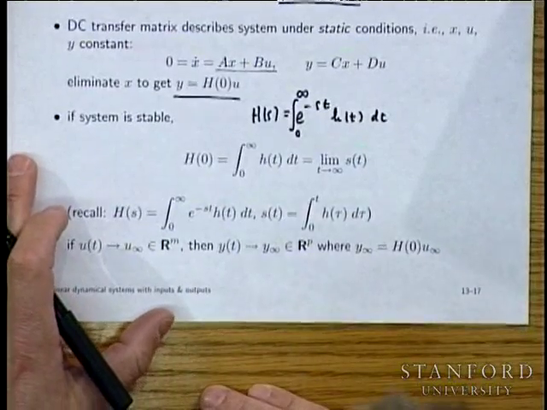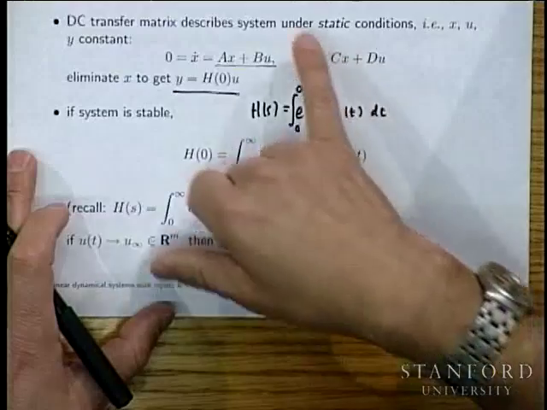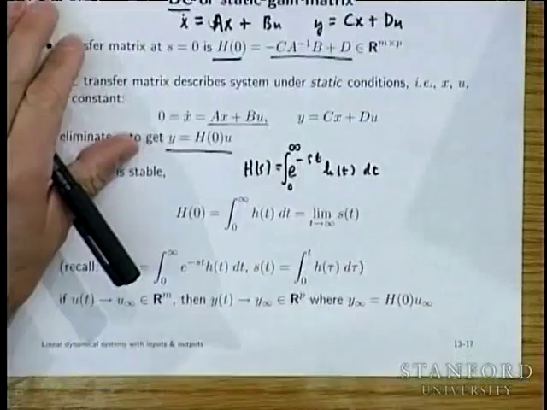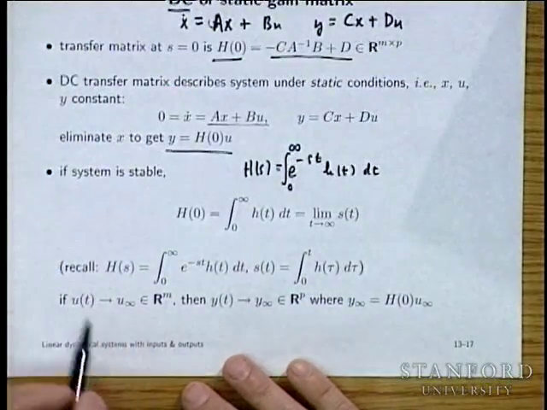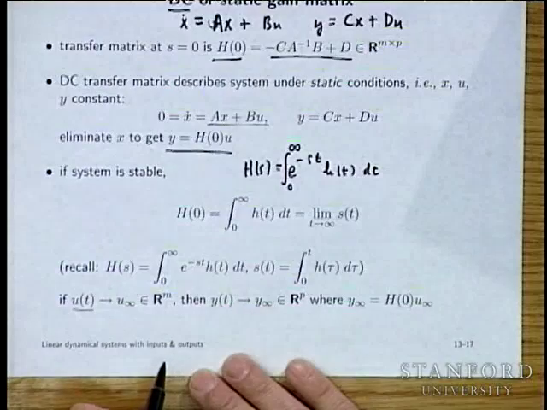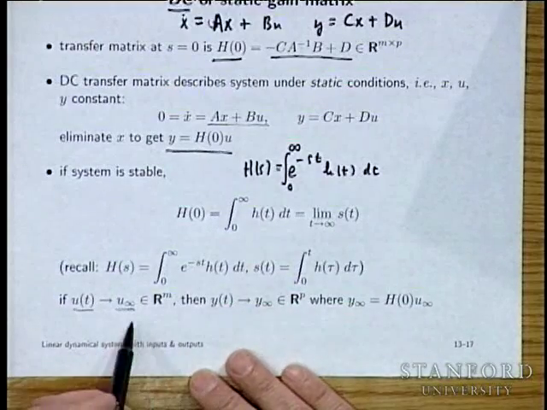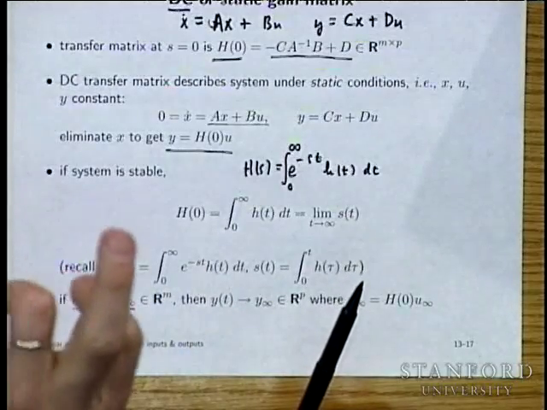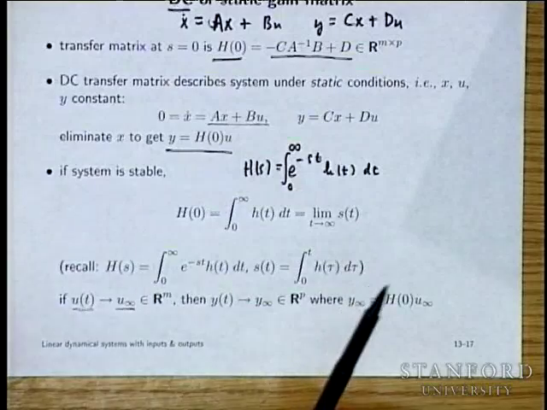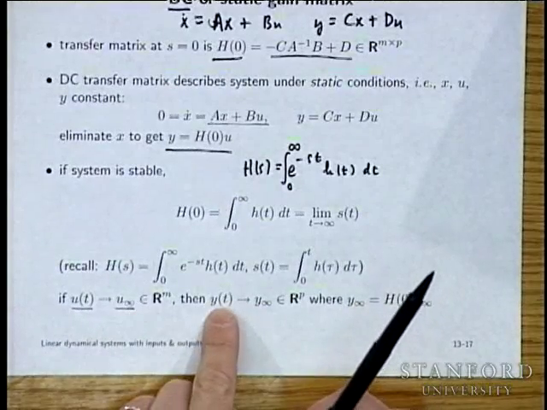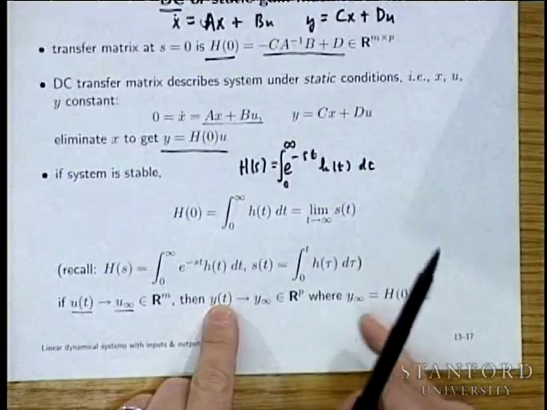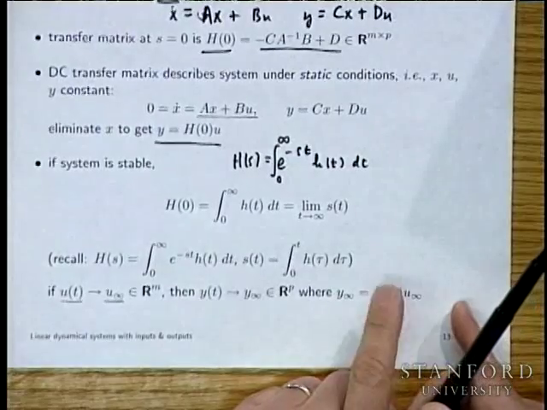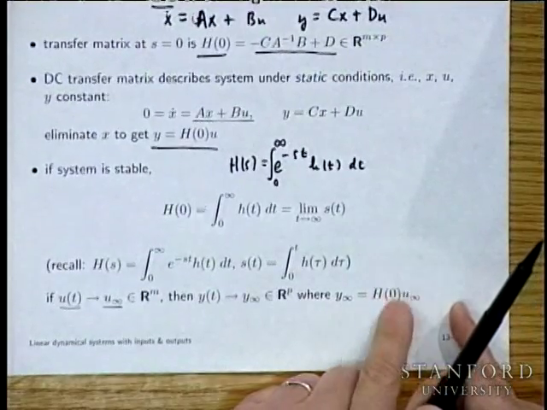If you want to know what the static or DC transfer matrix tells you, it basically says that if the input vector converges to some constant u infinity, the inputs can wiggle around and do whatever they like, but if they converge to a constant value, then the output will also wiggle around, but converge to a constant value, obtained by matrix multiplication by H(0). So H(0) is very important.